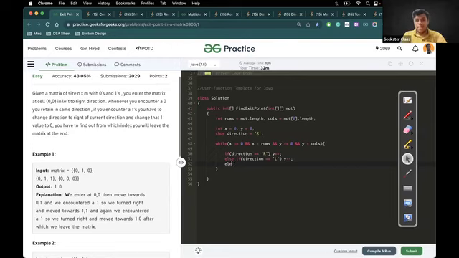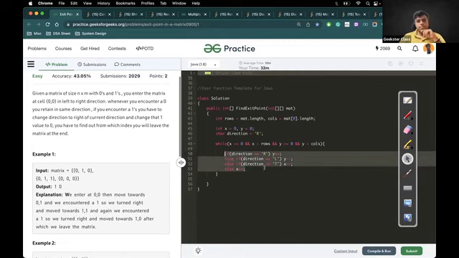Else, if the direction is top, decrease the row. And finally, obviously the fourth direction will be down only, in which we have to increase the row. Is this much clear? राइट है तो कॉलम बढ़ा दो, लेफ्ट है तो कॉलम घटा दो, टॉप है तो रो घटा दो, और डाउन है तो रो बढ़ा दो.